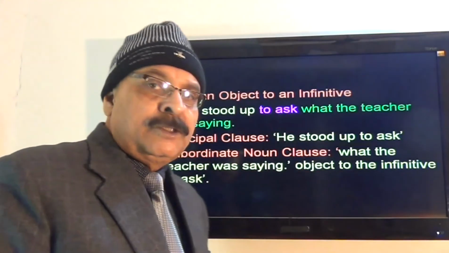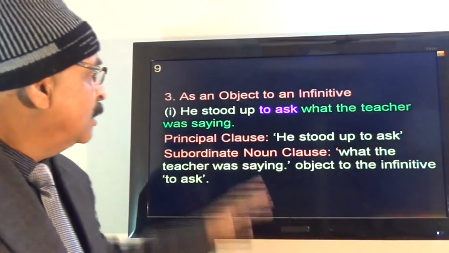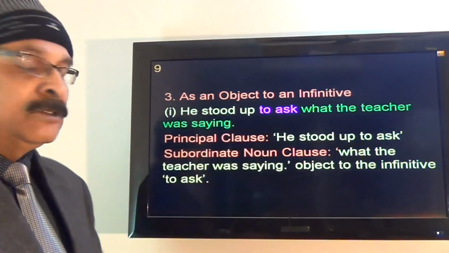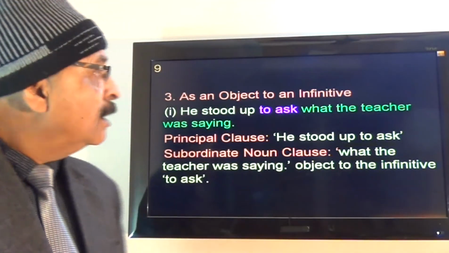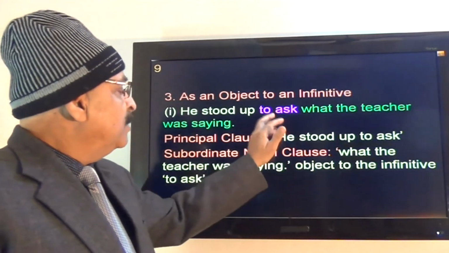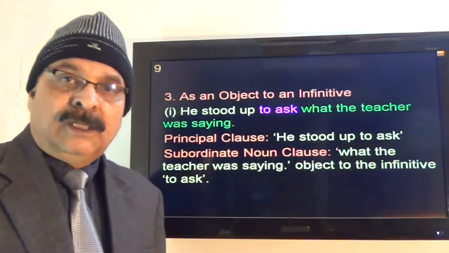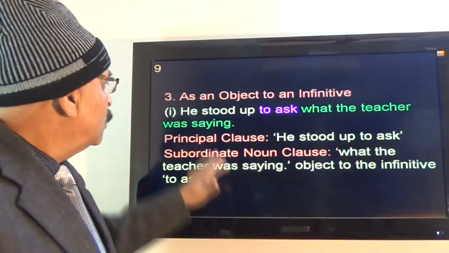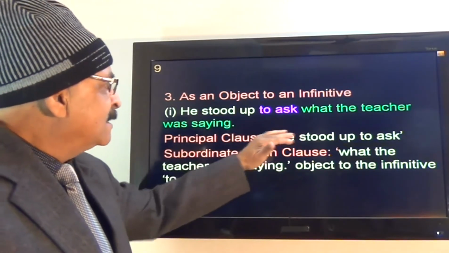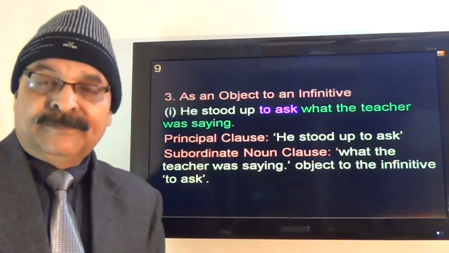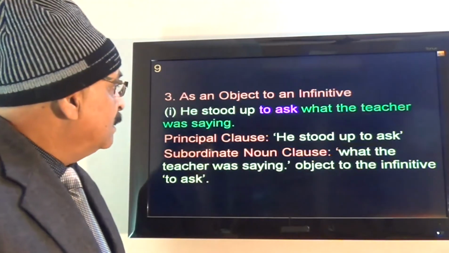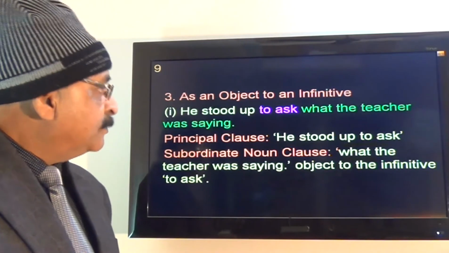Now we are taking a noun clause as an object of an infinitive. Infinitive, you know, we form by putting to in front of the first form of a verb. So he stood up to ask what the teacher was saying. Let's fit something here.